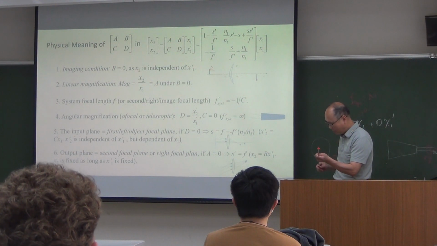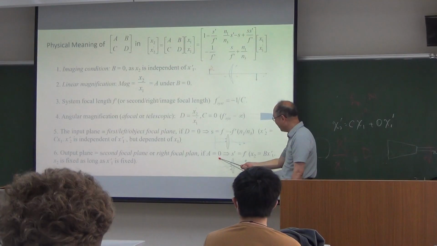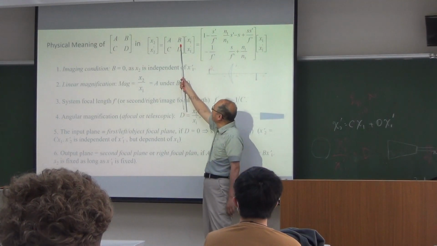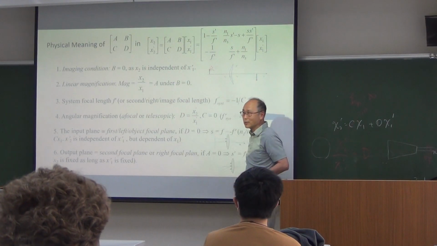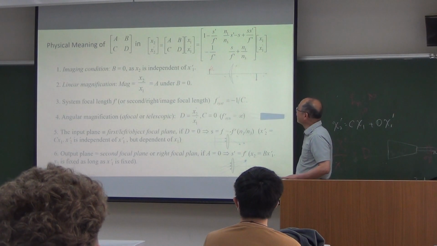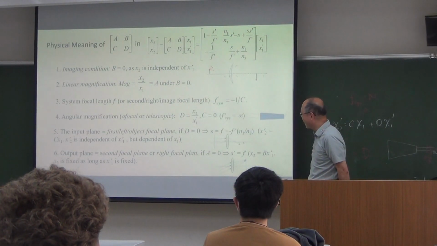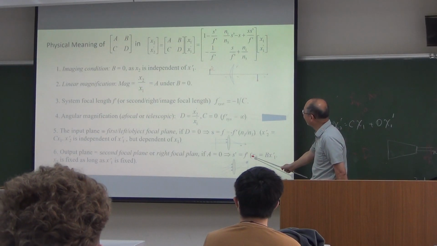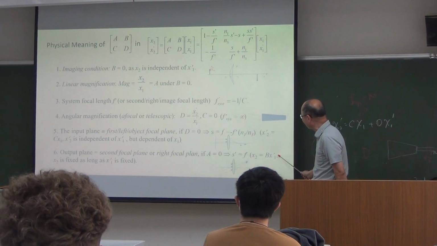You have A equal to 0. Previously we had B equal to 0, D equal to 0, now we set A equal to 0. If A equals 0, then this x2 prime only depends on x1 prime. Well, A equal to 0, x2 only depends on x1 prime.